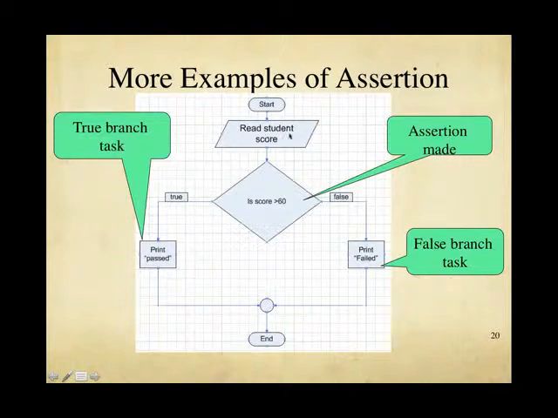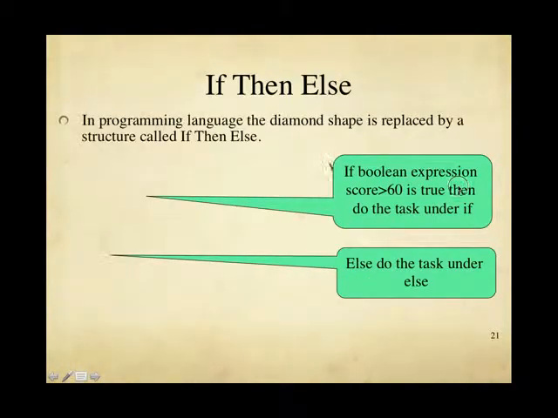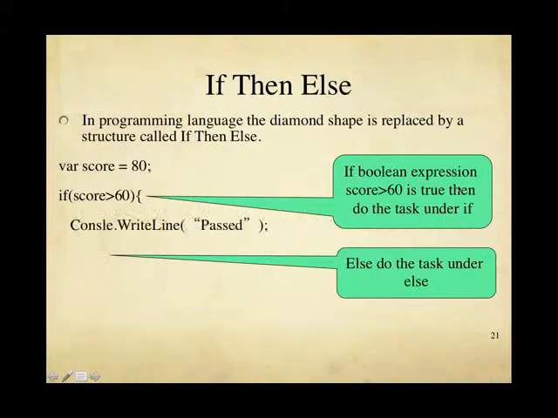Okay. Here's another example. Read student score. The assertion we are making is the score is greater than 60. If that is true, we print passed. If that is false, we print failed. That's another example of the assertion or if and else statement. In a programming language, the diamond shape is replaced by a structure called if then else.